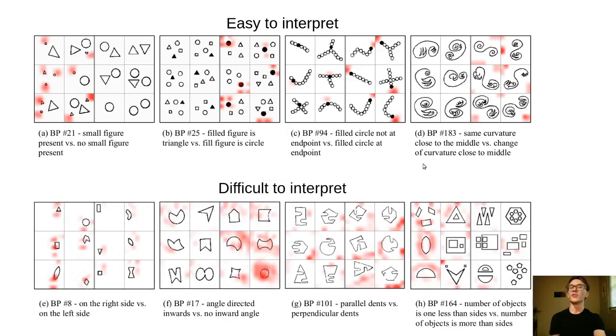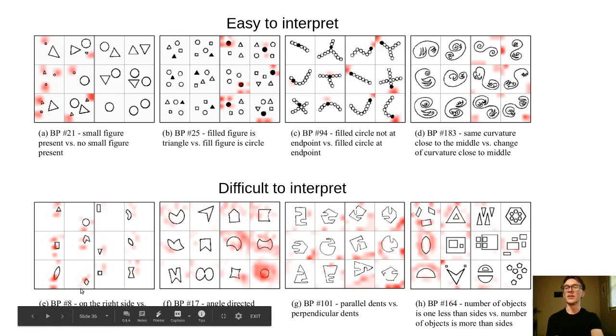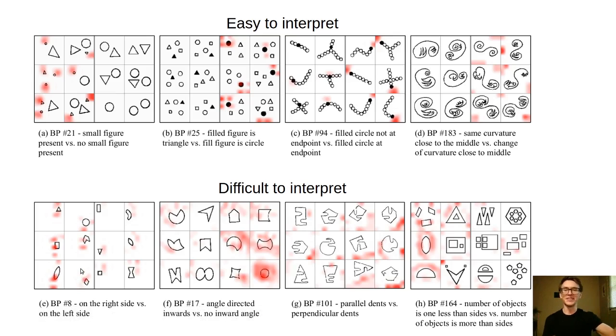However, the rules are not always so easy to interpret, nor is it always clear what should even ideally be highlighted. For example, in BP number 8, the rule is on the left-hand side, the shapes on the right side, and on the right side, the shapes are on the left side.